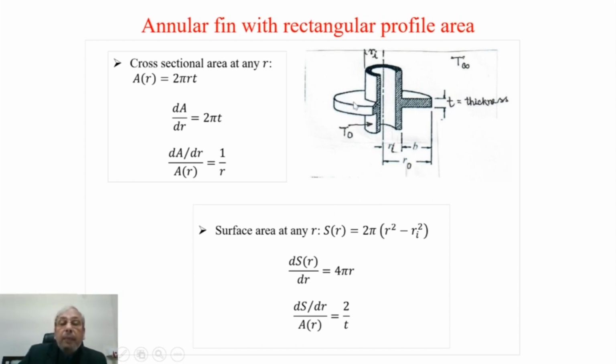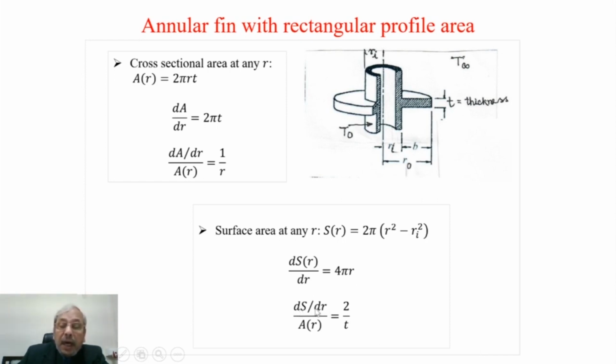Similarly, up to any radius r, the surface area is 2 pi (r squared minus ri squared), and dS/dr is then 4 pi r.